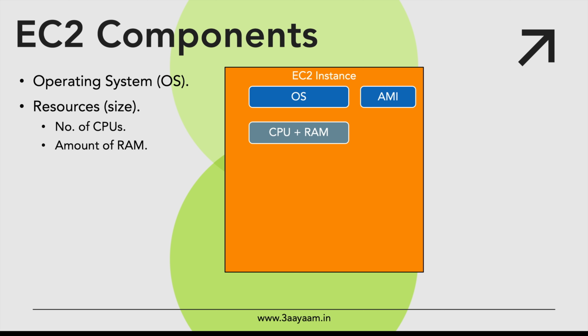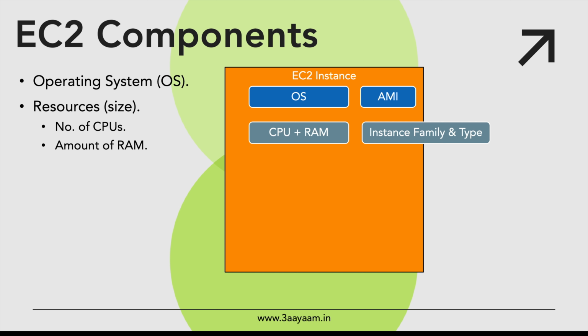The CPU and RAM combination can be provided using something called instance family and instance type. Instance family talks about the generation of CPU and RAM that you are providing, and instance type provides the size of the CPU and RAM. Let's say you want 4 CPUs and 16 GB of RAM, or you want 16 CPUs and 64 GB of RAM.